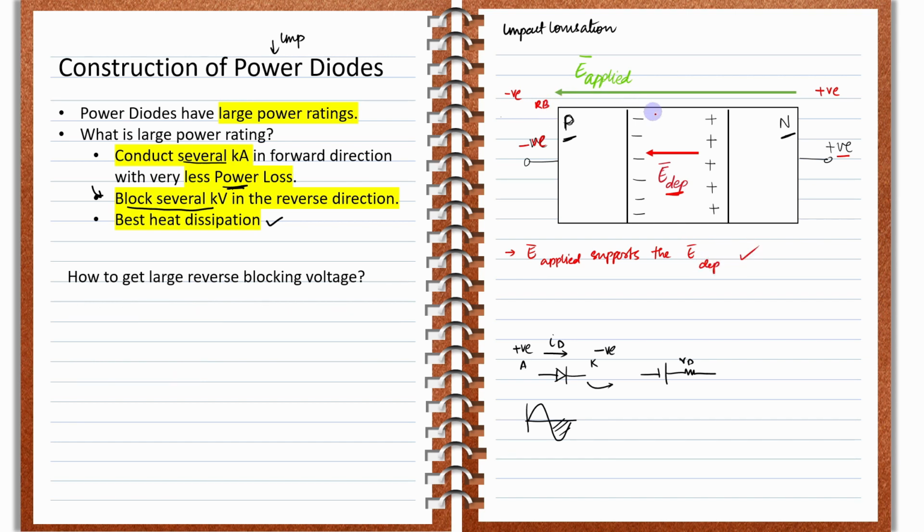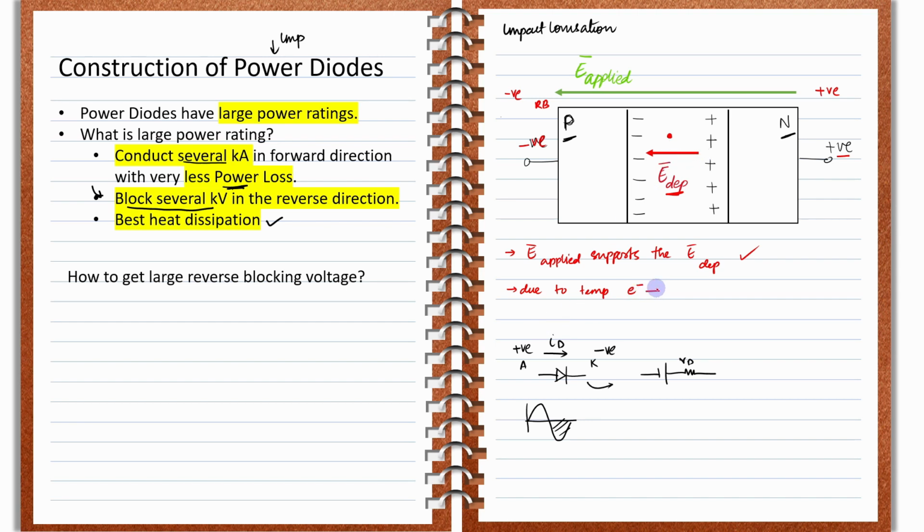Now you know that there might be some electrons which are generated due to thermal conditions, due to temperature. For example, you have an electron here which is created. These types of charges actually constitute the reverse saturation current. What will happen to this electron in the electric field? It will experience a force.